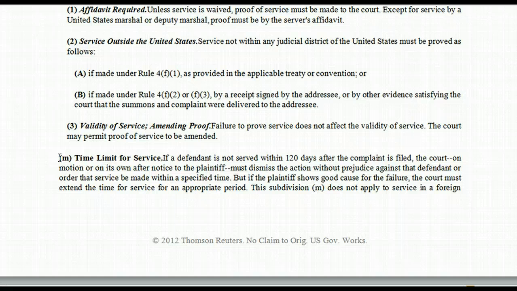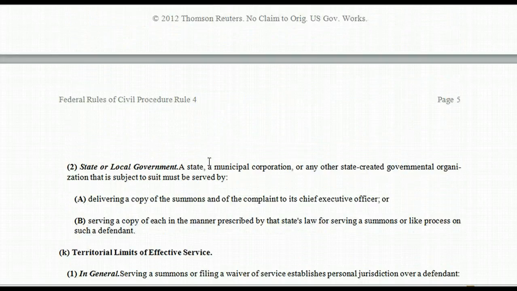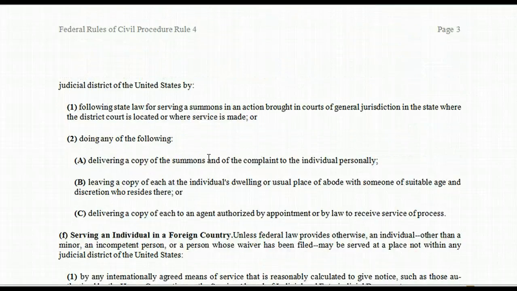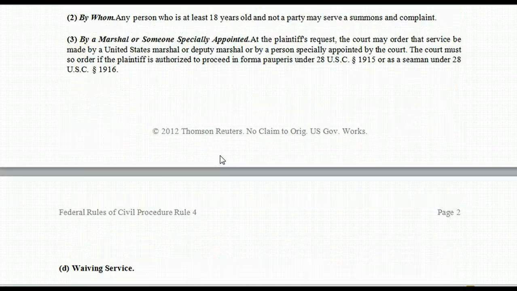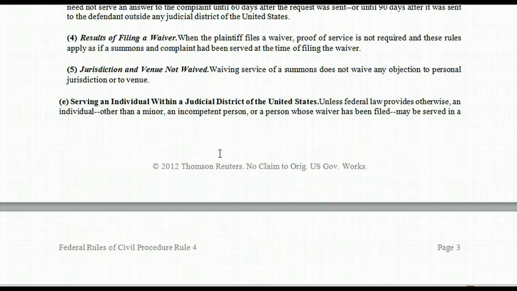The court refers to a slightly out-of-date version, but I don't think the substance is any different. So there's 4(m), and then between those sections are a lot of subsections that talk about how technically you effectuate service of process on particular types of defendants.